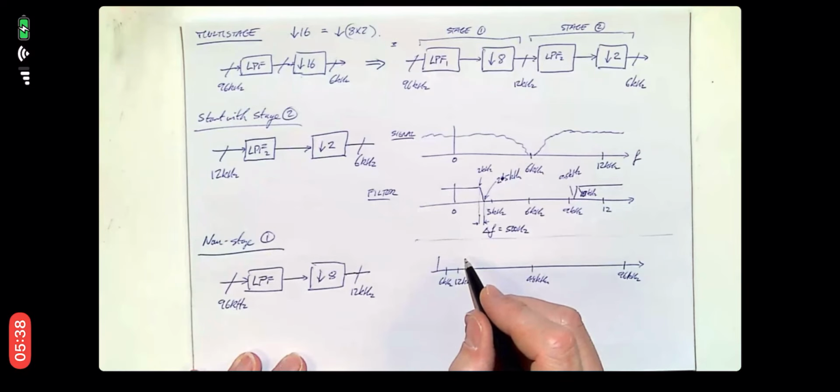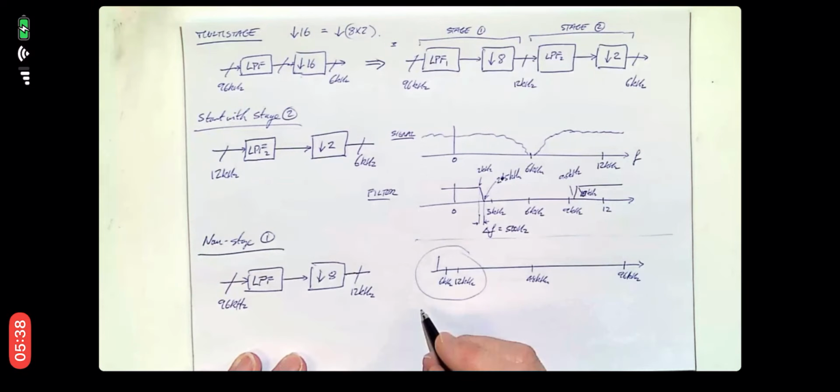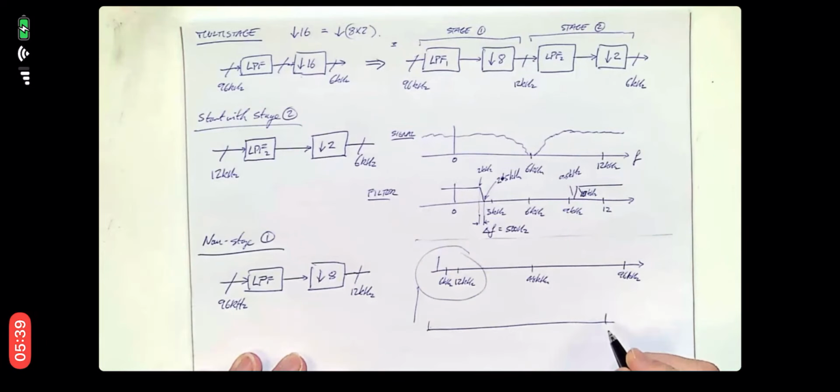Now, if we zoom out this bit, let's zoom out this to this range. 0 at the bottom, 6 kilohertz. This is 3 kilohertz here.